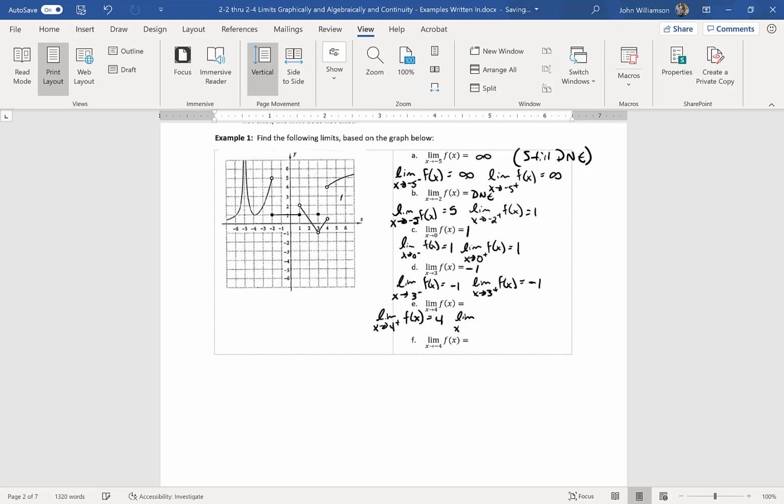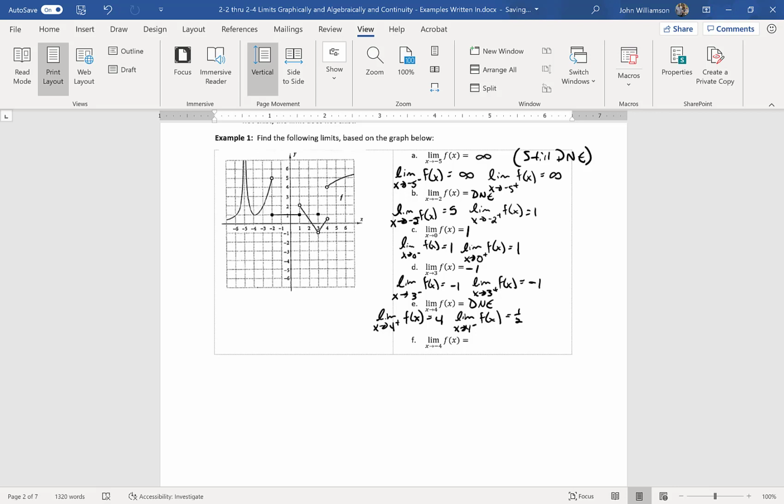And then the limit as x is approaching 4 from the left. We come into 4 from the left, we're approaching, looks like about a half, so we'll say 1/2. Well, 4 definitely does not equal 1/2. So the limit as x is approaching 4 of the function f of x does not exist.